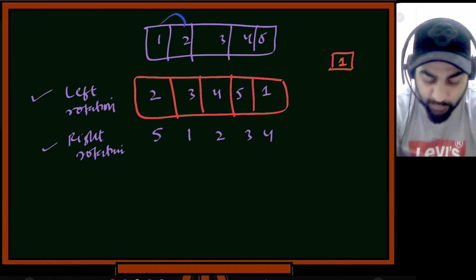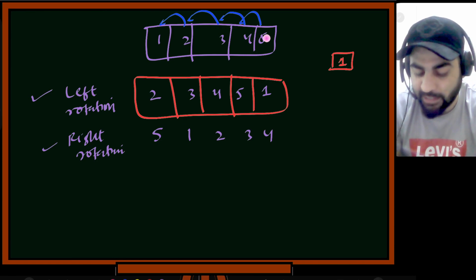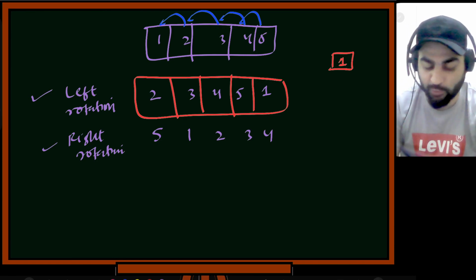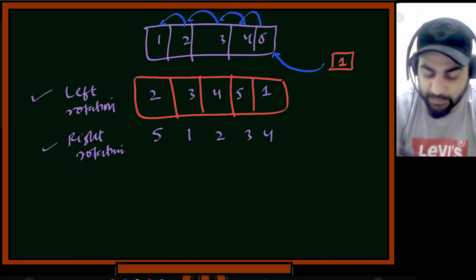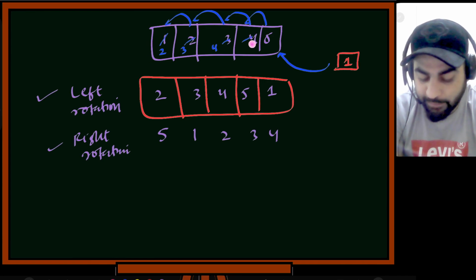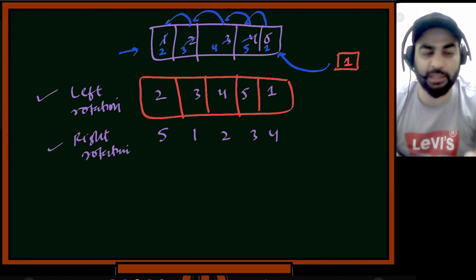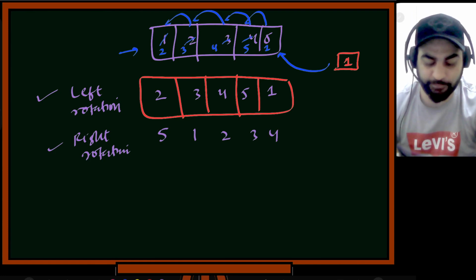We'll shift this 2 over here, this 3 over here, and so on, and the last space will be unoccupied, and there we'll put this. So this will get overridden by 2, here it will be 3, here 4, here 5, and here 1. This is how we perform the left rotation. Everybody understood this approach? Yes, sir.